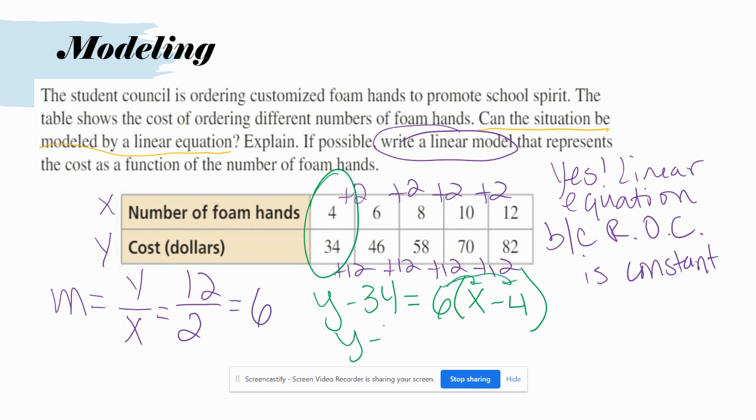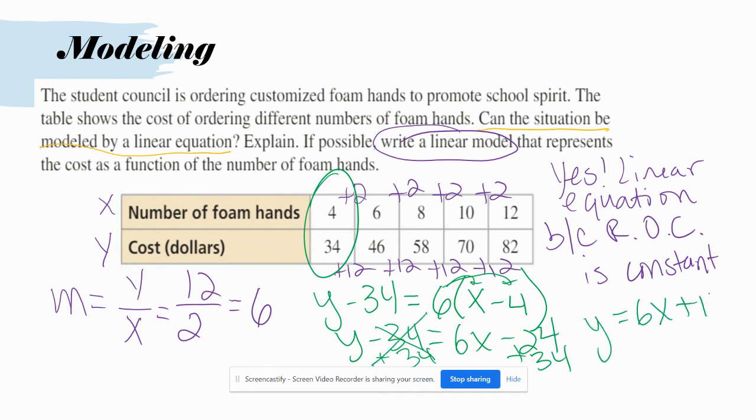Distribute. 6 times x is 6x. 6 times negative 4 is negative 24. Our last step to get y alone, the opposite of subtracting 34, is to add 34 to both sides. These 34s add to 0, so y is equal to 6x plus 10.